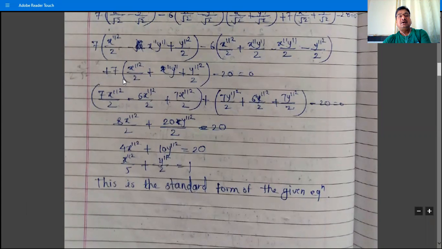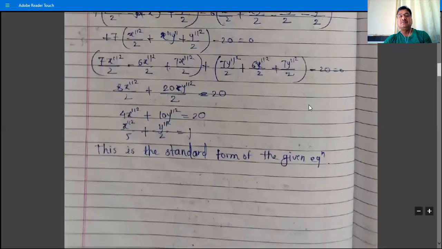Then collecting the coefficients of the x double dash square terms: 7 x double dash square by 2, minus 6 x double dash square by 2, plus 7 x double dash square by 2. Then in another bracket, collect the y double dash square terms: 7 y double dash square by 2, then minus 6 becomes plus 6 y double dash square by 2, and plus 7 y double dash square by 2, and minus 20 is equal to 0.